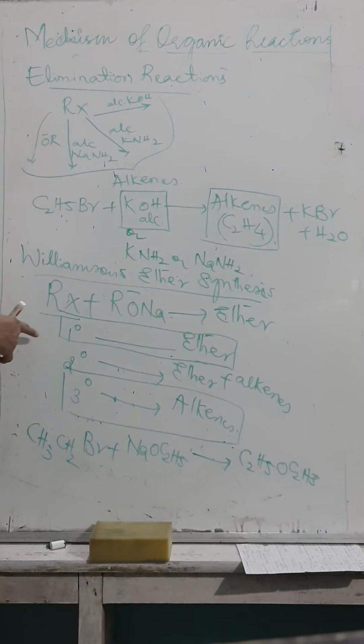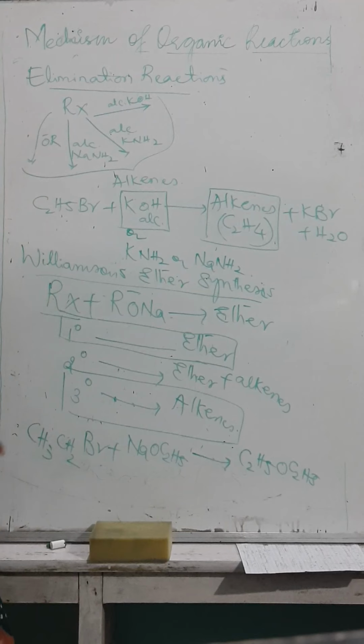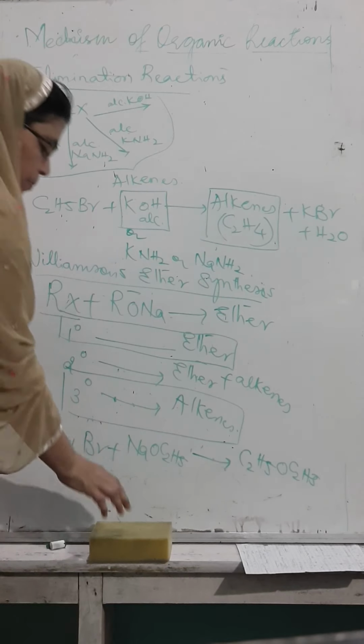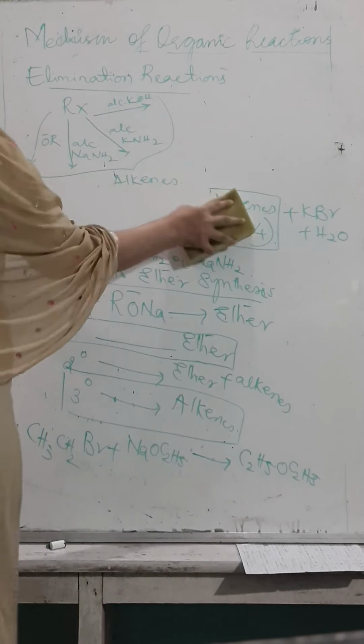What I said just now: the alkyl halide should be primary. Instead of ethoxide, I can take tertiary butoxide, any alkoxide, OR minus, maybe primary, maybe secondary, maybe tertiary.